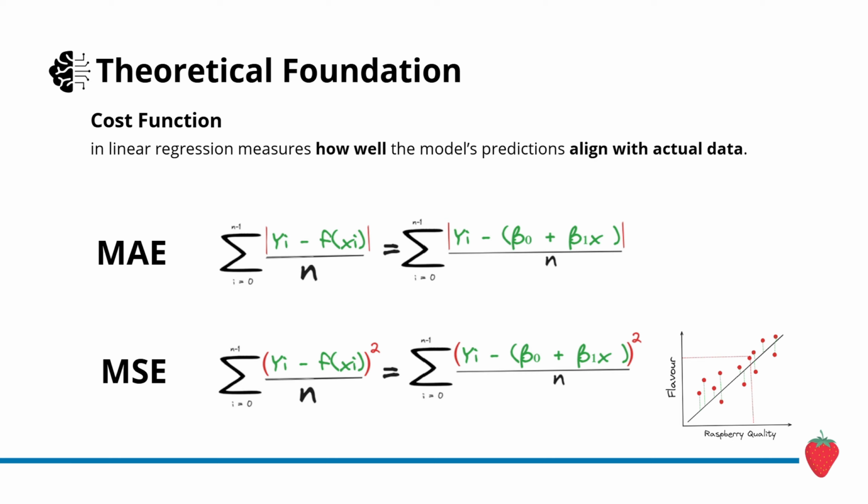That's why we use the absolute value, and that's why it's called the mean absolute error. The second one is mean squared error. In this case, we take the y minus the function that we started with, and everything is squared. So each one of these is meant for something.